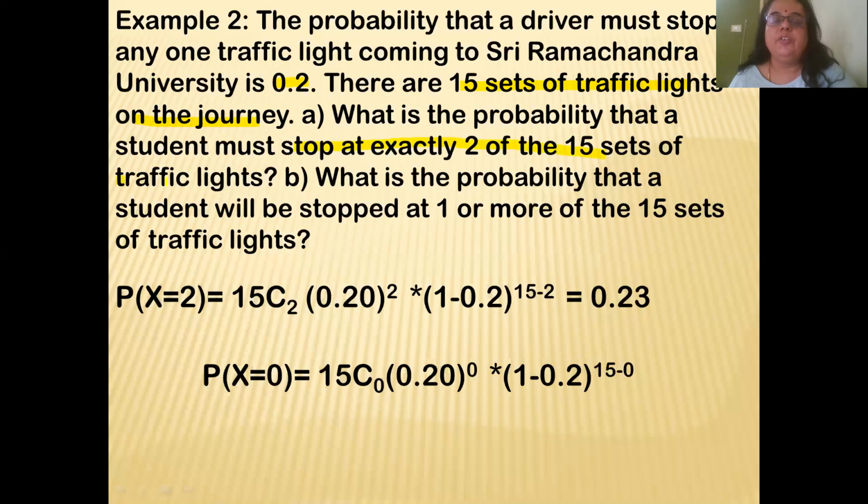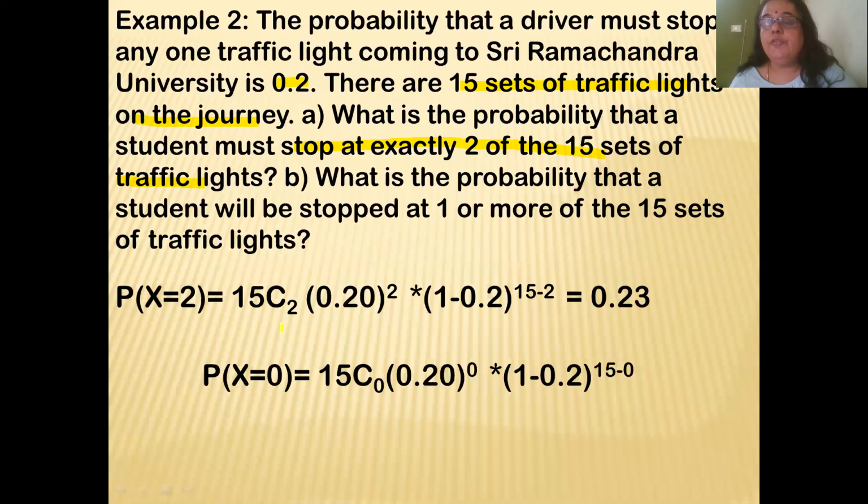We substitute into the formula: P of x equal to 2 equals 15C2 into 0.2 to the power of 2 into 1 minus 0.2 to the power of 15 minus 2, because n is equal to 15. Calculating 15C2 is 15 factorial by 2 factorial into 13 factorial.